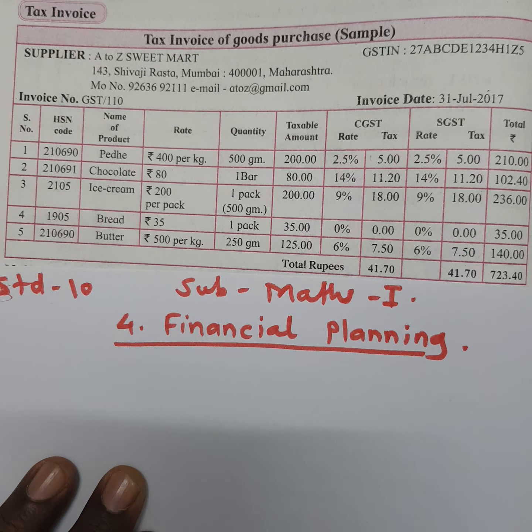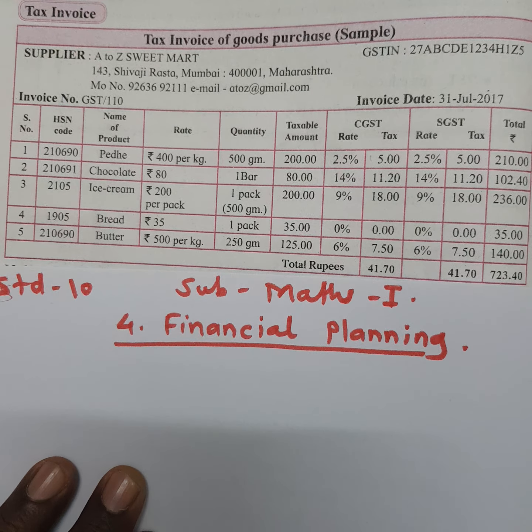Then the GST rate of pedha is 5%, therefore CGST will be half of 5%, that is 2.5%. SGST is also 2.5%. To find the tax amount, we have to find 2.5% of 200, that is 200 into 2.5%.